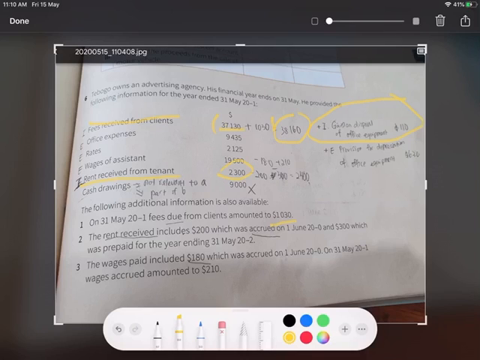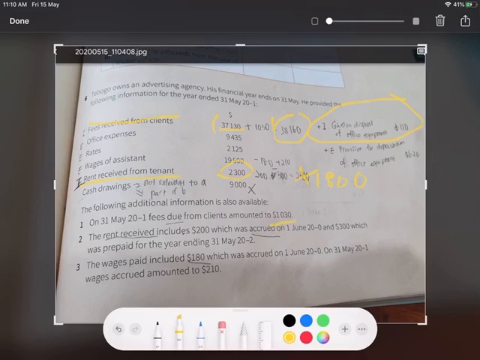Based on your knowledge, you should know that we should not include them in the income statement of the financial year. So after making adjustment, you should only include $1,800 as rent received during the year, because 200 was relevant to last financial year, and the 300 is relevant to the next financial year, so they are not relevant to the current financial year.